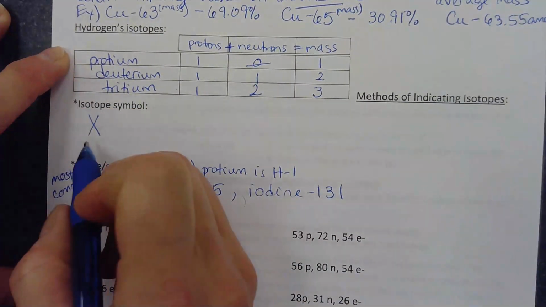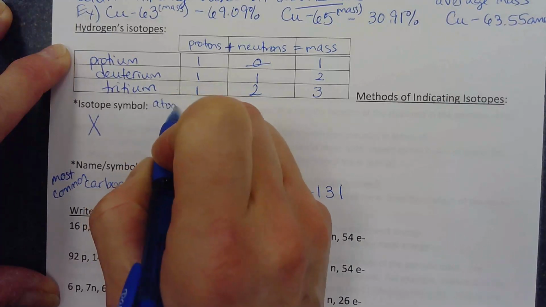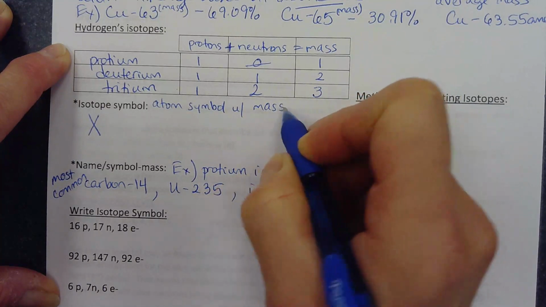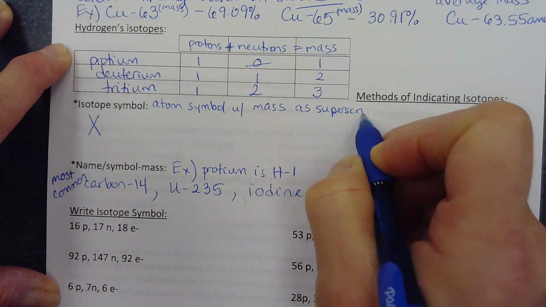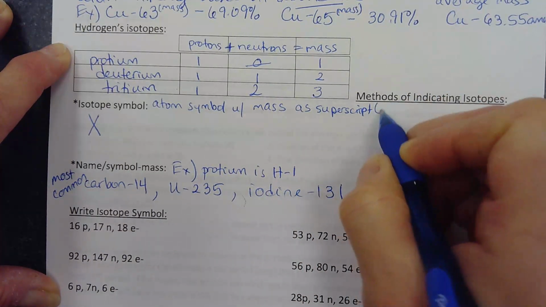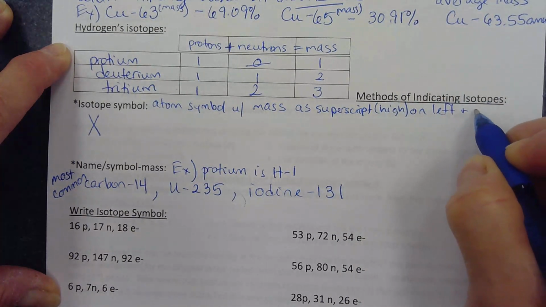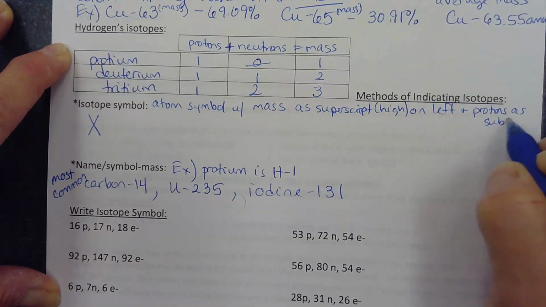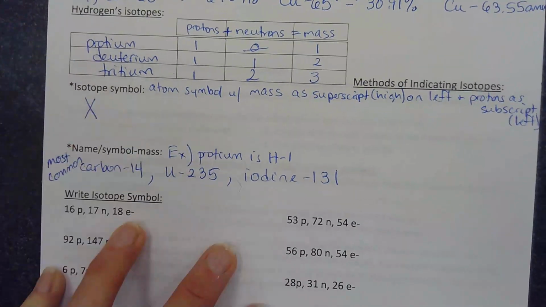So, the isotope symbol is when you have the atom symbol with mass as superscript, that means up high, on the left, and protons as subscript on the left. The example shows you the best rather than just writing those words.